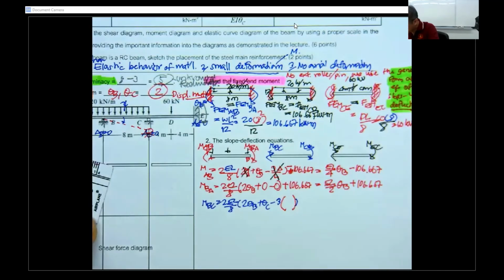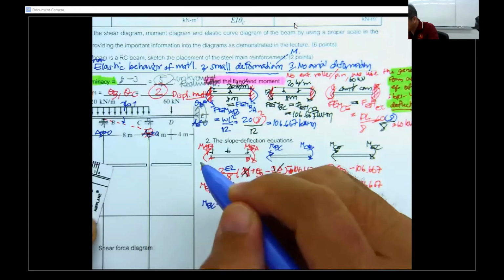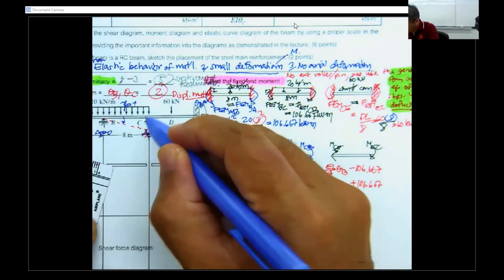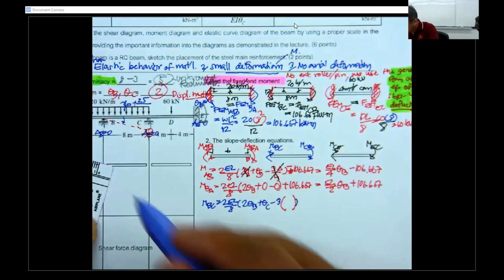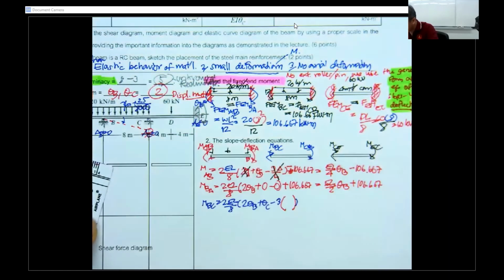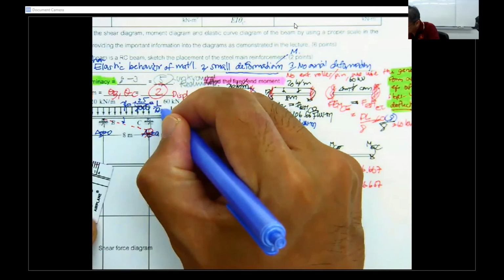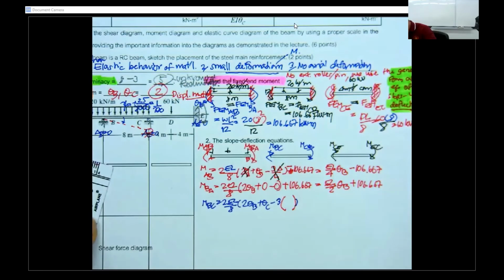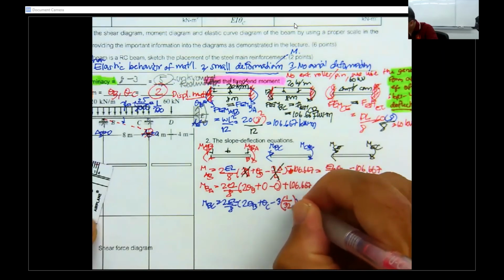Okay, the phi in this one is clockwise, so it's going to be positive. This is 25 millimeter divided by the length of 8,000 millimeter. If you put them into the calculator, that is going to be 1 over 320. So put this one 1 over 320.